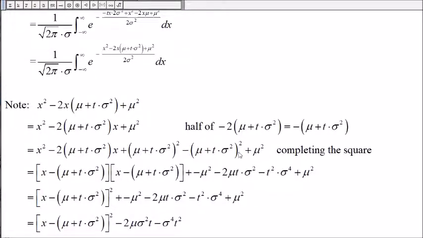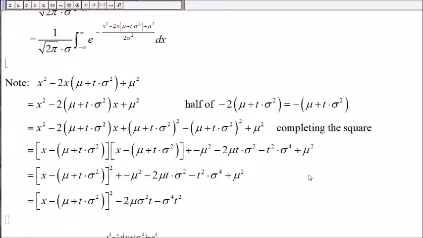And then this, if we expand it, we get minus mu squared minus 2 mu t sigma squared, and then minus t squared sigma to the 4th, and then plus mu squared. Minus mu squared plus mu squared is 0.